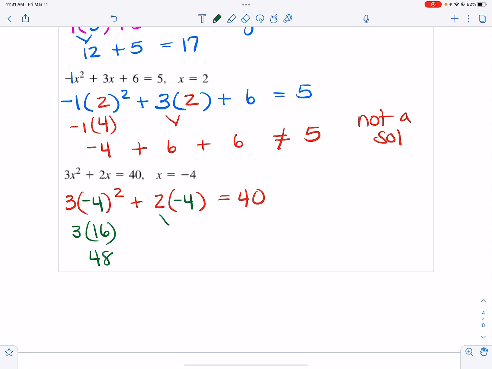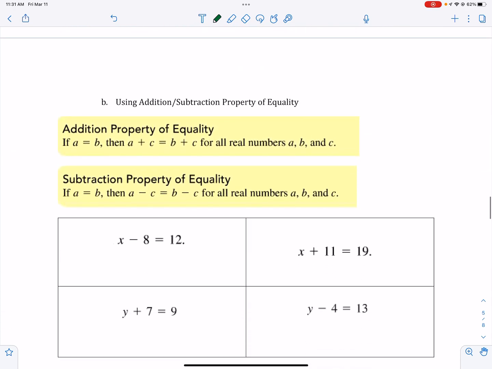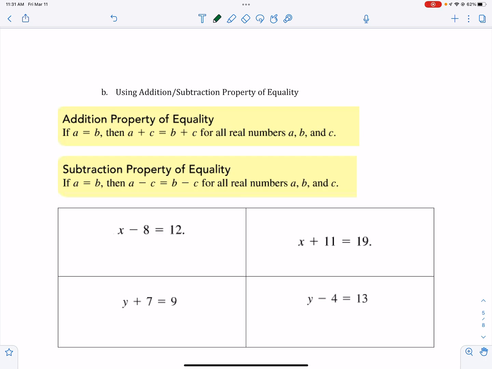And when I take 2 times -4, I get -8, and 48 minus 8 does equal 40, so yes, that would be a solution.